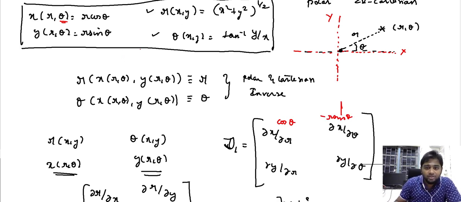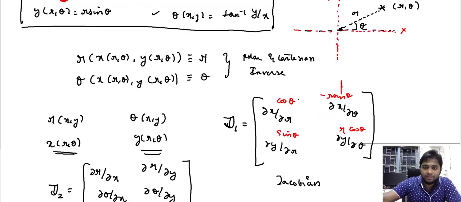And in the same way, now we need to consider dou y by dou r. So we need to consider this expression. Dou y by dou r would be sin theta, and dou y by dou theta would be r cos theta.